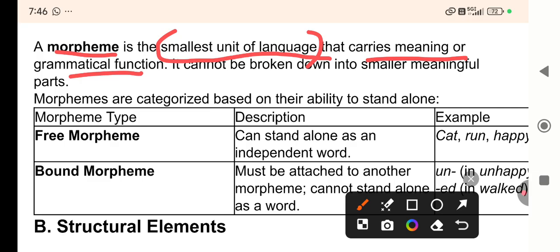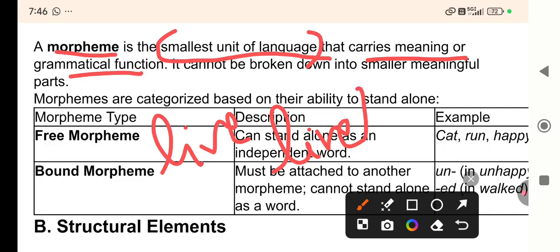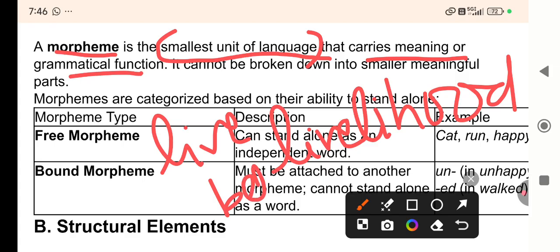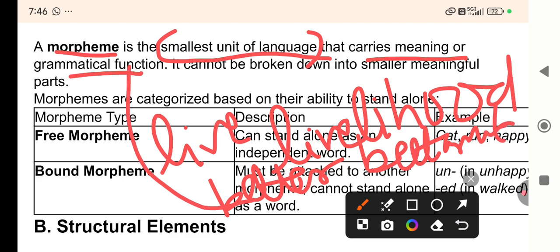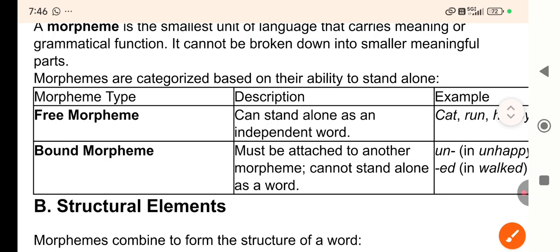For example, if I say live, and if I say livelihood, that is a different word. Or better, and betterment. So the grammatical function changes. A morpheme cannot be broken down into smaller meaningful parts.